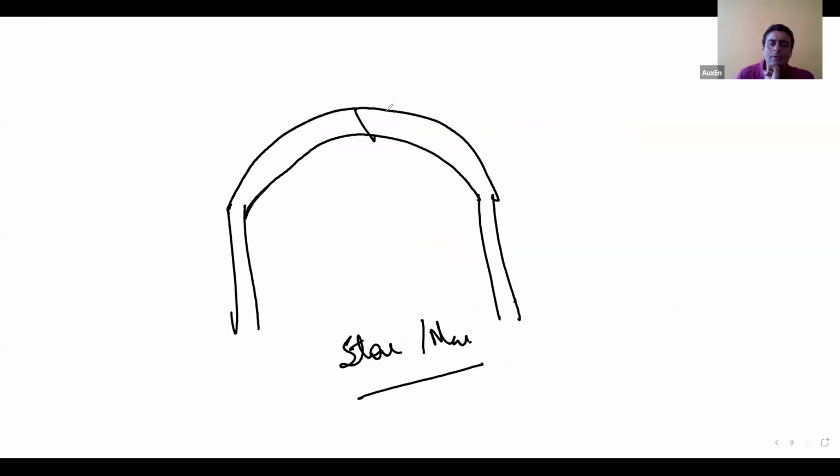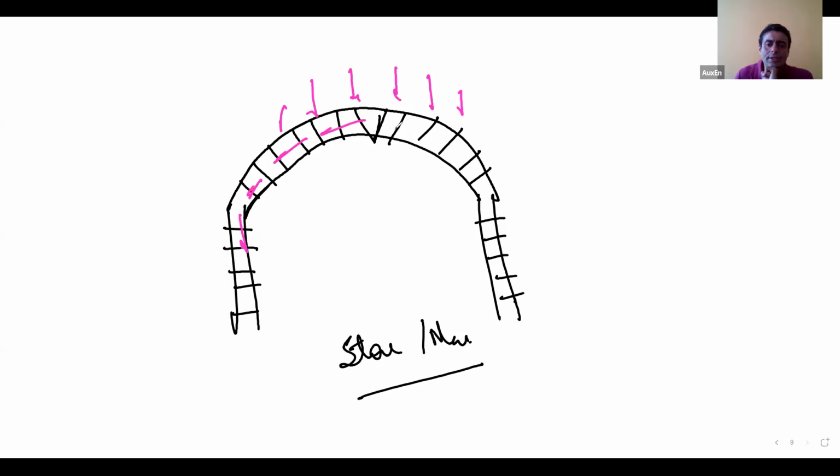Hello. I know it's very basic, but I hope you are getting a sense of it. So I have to come up with a system like this because of the material I have, that can transfer the loads in the dominant action. Correct?